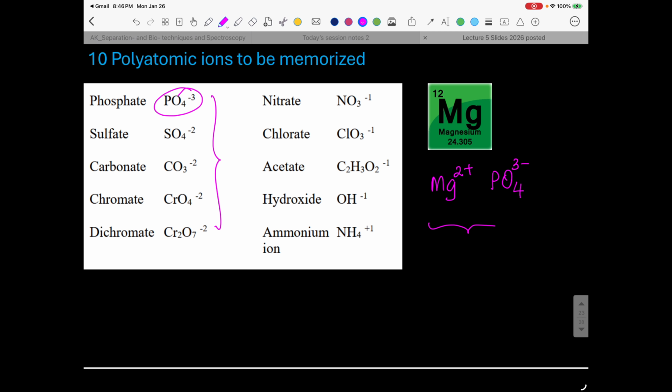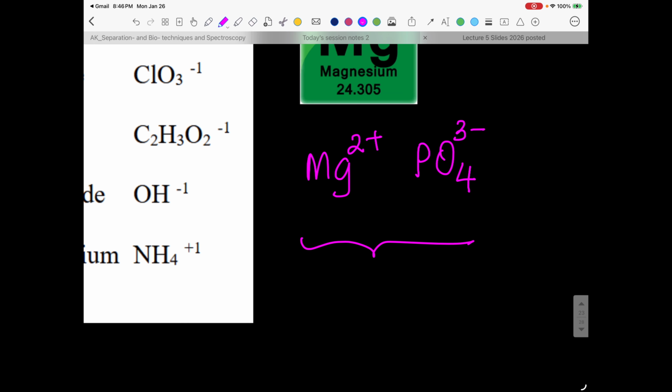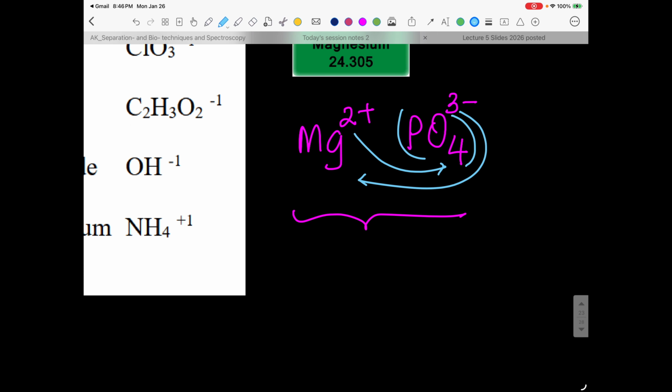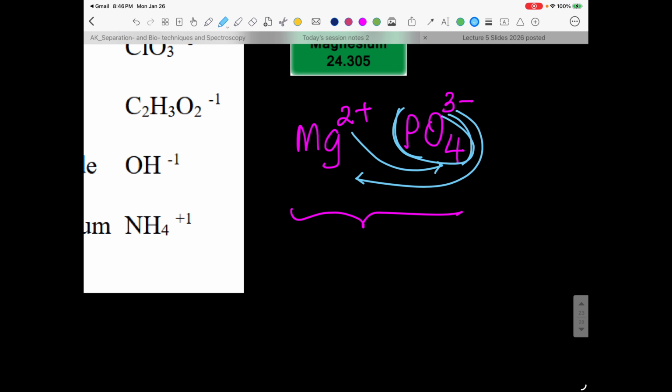So when you want to make a compound, you need to make sure that the charges are neutralized. So the simplest way to figure out how to balance these charges is to swap these numbers. So the phosphate is one group here. So this will end up forming Mg3(PO4)2.